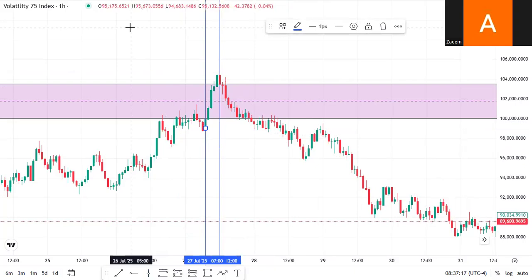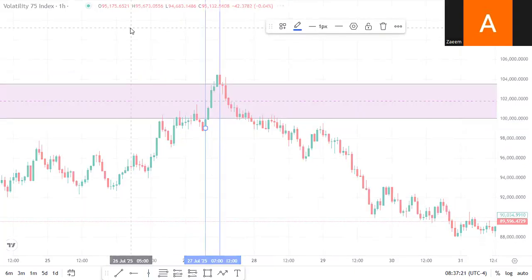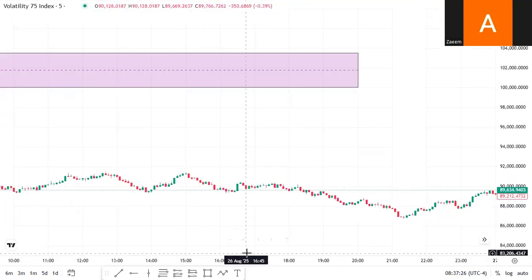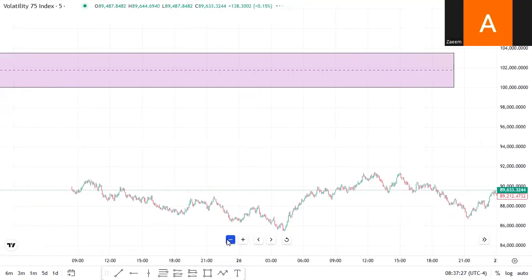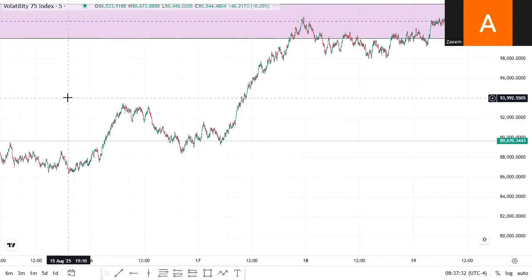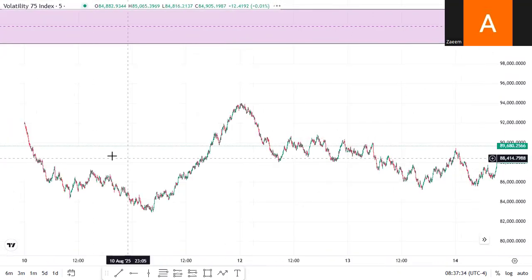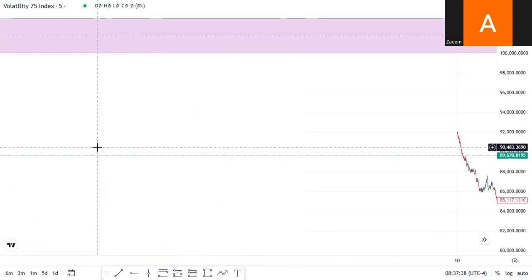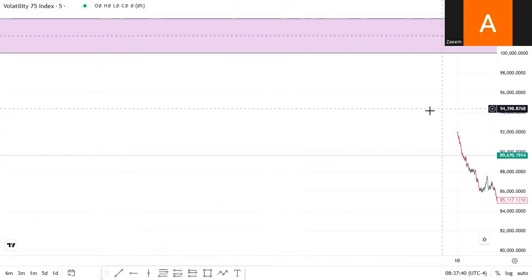So the 5 minute time frame, the corresponding time frame is 5 minutes. Let's see if we can go back in time like this. I think the data is very delayed. I wish we could go back to that level. Yeah, I wish we could go back.